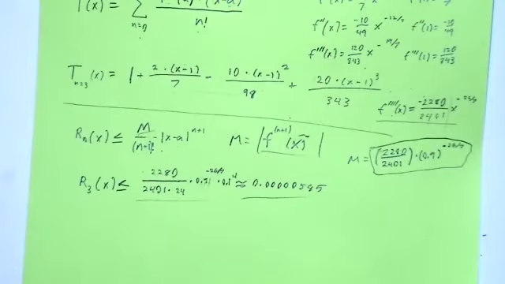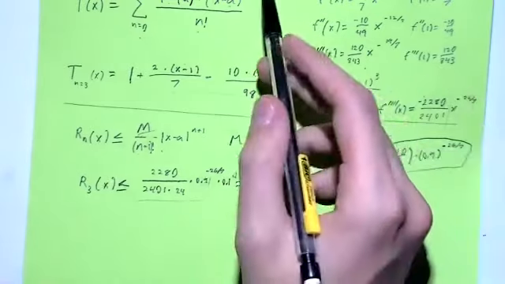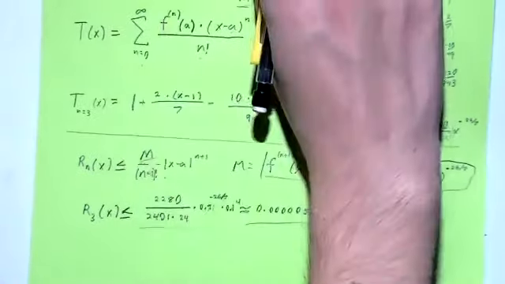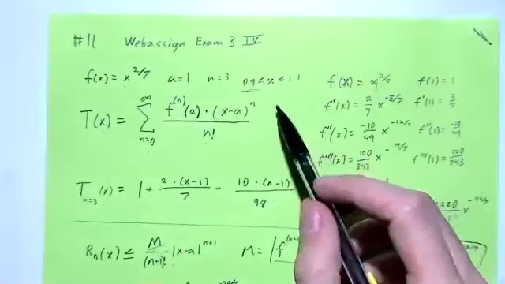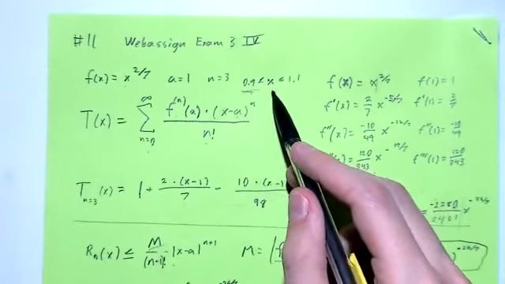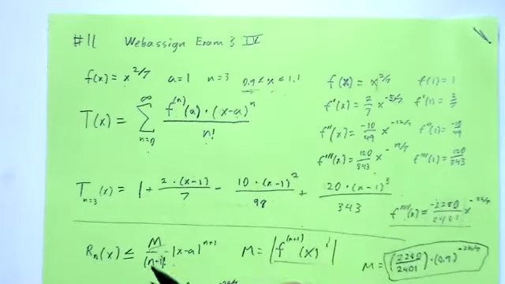Oh, so why did you multiply 0.1 to the fourth? Isn't the interval from 0.9 to 1.1? Since our maximum value is at 0.9, our x will be equal to 0.9 for this error. So we plug in 0.9 here, a is 1.